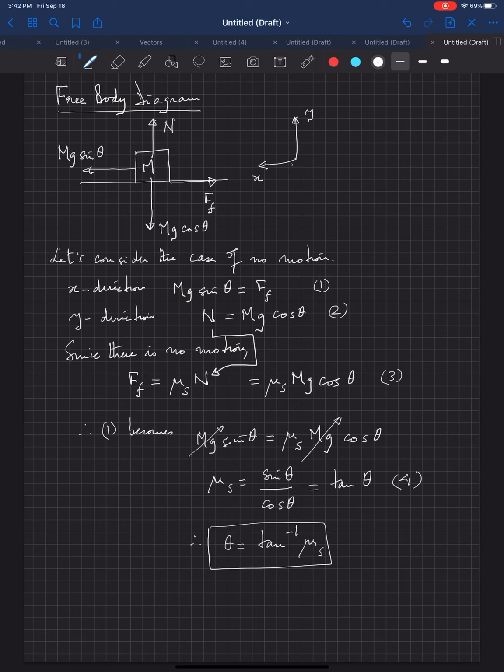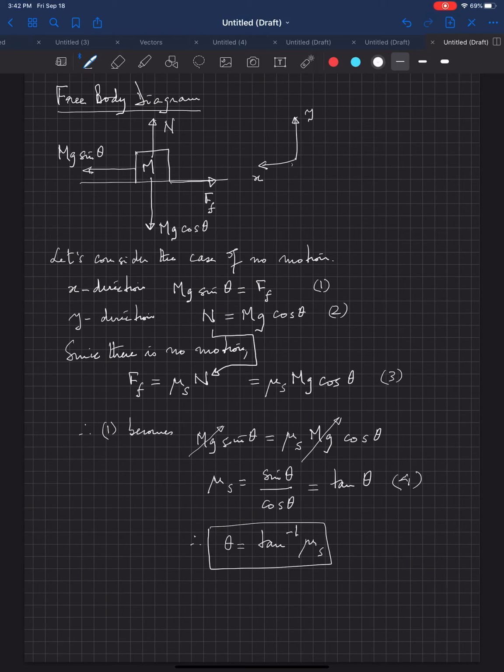So what's happening here is the following. I start increasing the angle theta of the inclined plane, and as I continue to increase it, it still doesn't move. The object still doesn't move. Then what happens is that the coefficient of static friction increases, so as to satisfy equation 1, all right? That's the equilibrium condition, right?